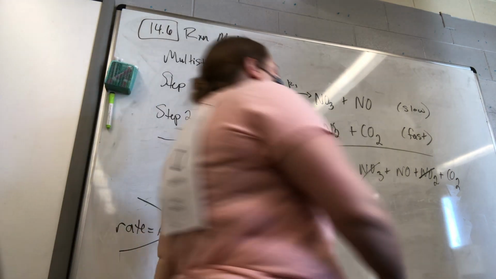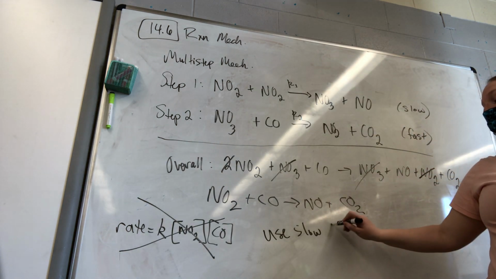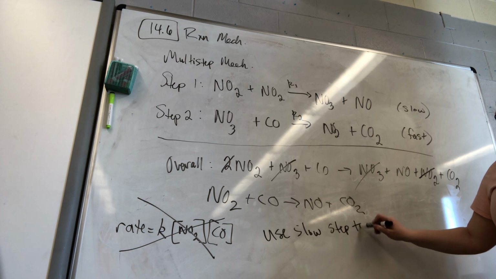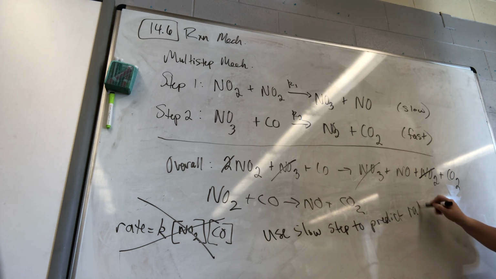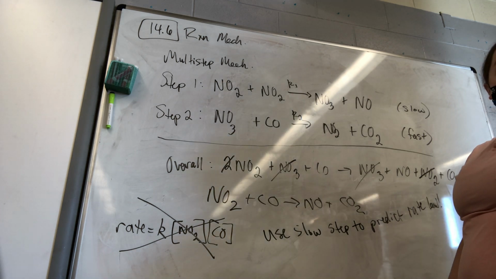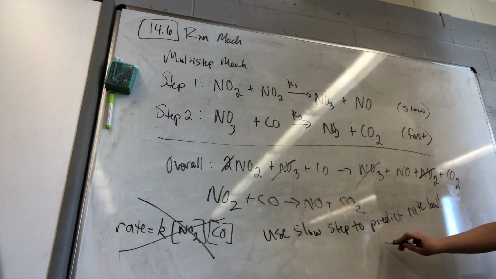So instead, we're going to use the slow step to predict the rate law. If I was writing a rate law using the slow step, what would I write?